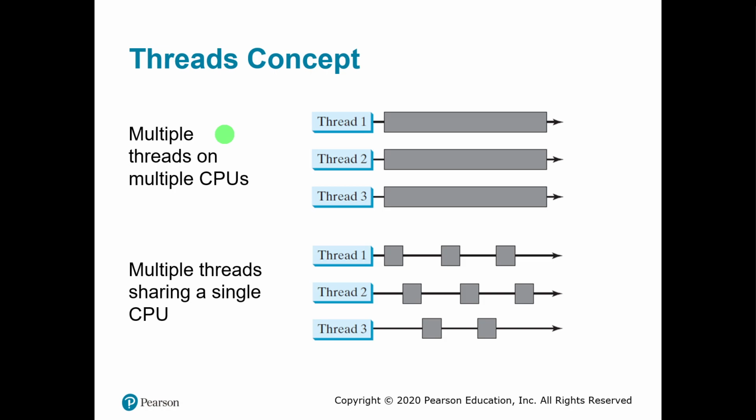The other way threads can be used is that they're sharing a single CPU. You can have one thread running for a little bit, but a lot of our tasks, when they run, still waste a bunch of CPU time. So we could have a little piece of thread 1 that runs on a CPU, and then thread 2 can run for a little while.